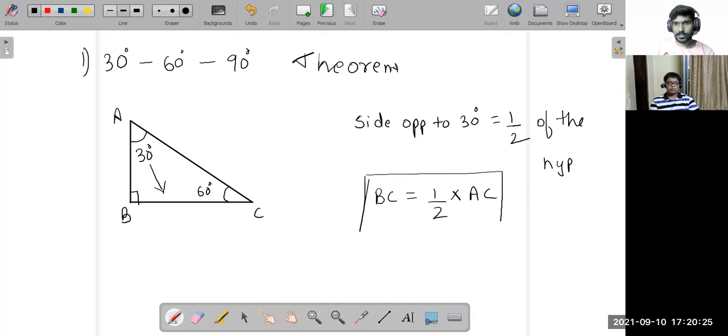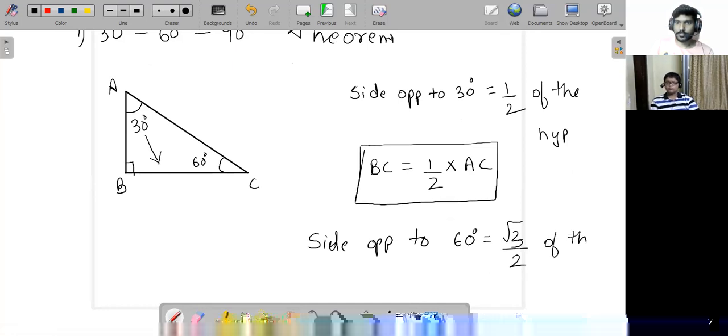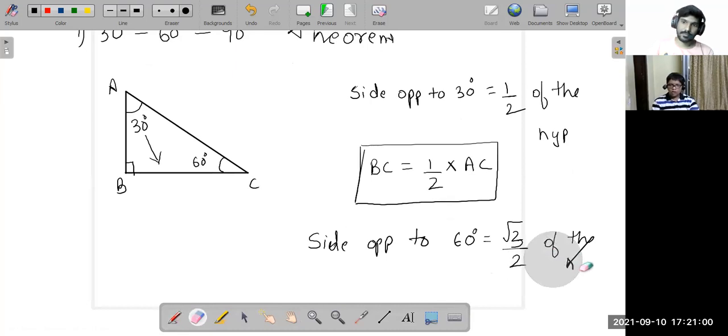So this is the first property, and now the side opposite to 60 degrees. The side opposite to 60 degrees will be root 3 upon 2 times the hypotenuse.